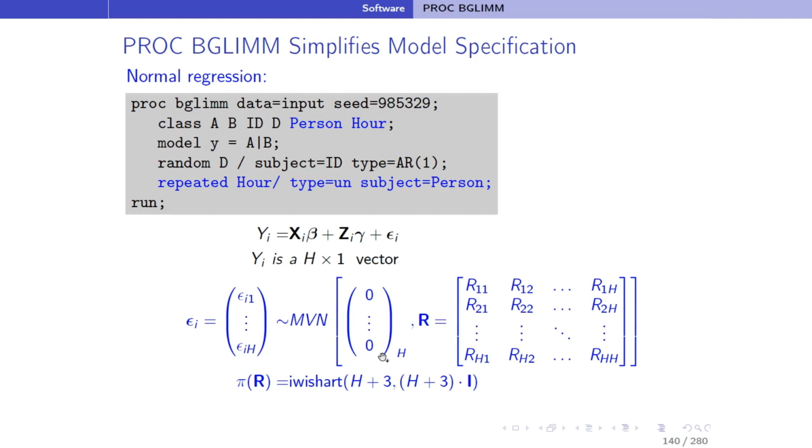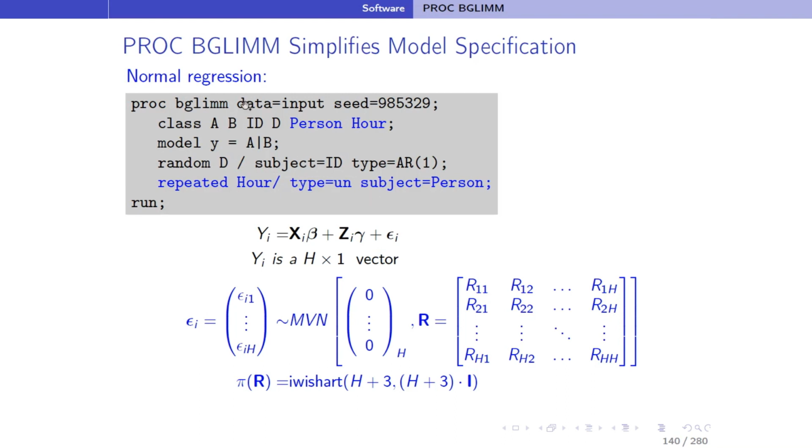And then you can add repeated measurements. Hypothetically, say my model Y repeats over hours, and the repeated statement has type equal to UN and subject equal to person. Then you have a very easy simplification in this case.